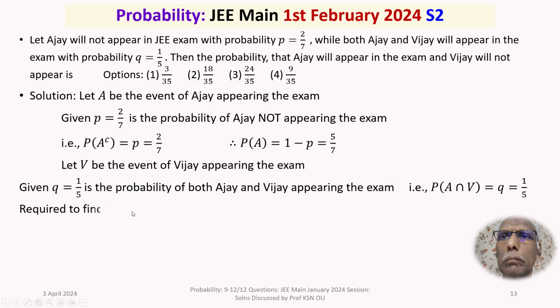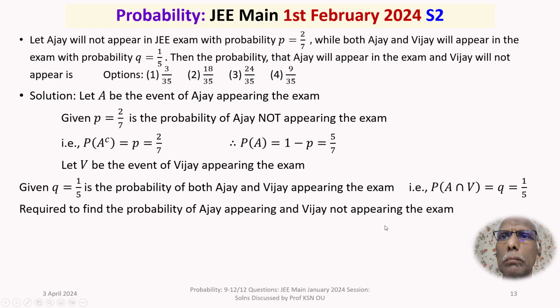And what is required? Required to find the probability of Ajay appearing and Vijay not appearing in the exam. That is the probability of A intersection V complement. Ajay appearing is A, and intersection, Vijay not appearing, that is V complement.